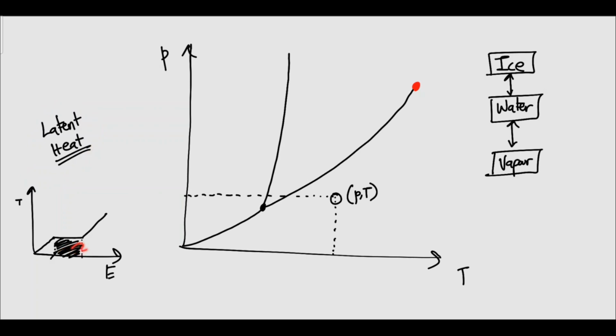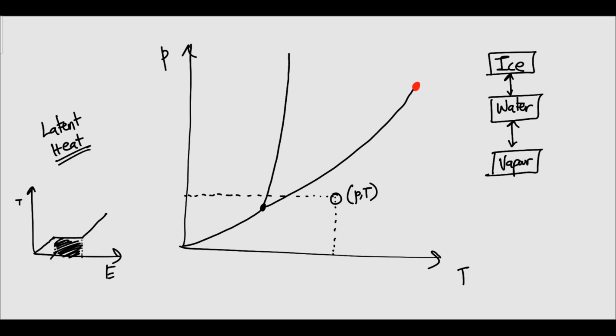That is exactly seen here when the temperature increases until, let's say, 0 degrees, and then it stays constant for some time, even though the energy is increasing on the x-axis. This is the extra energy that it needs to break the bonds between the water molecules in its solid state, so that it can transition into the fluid water state.